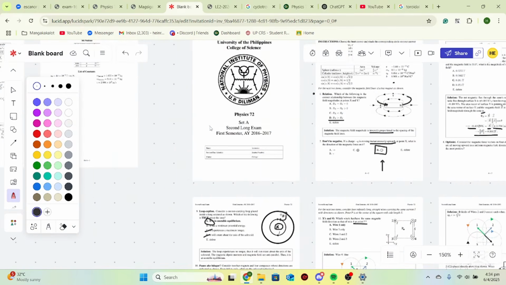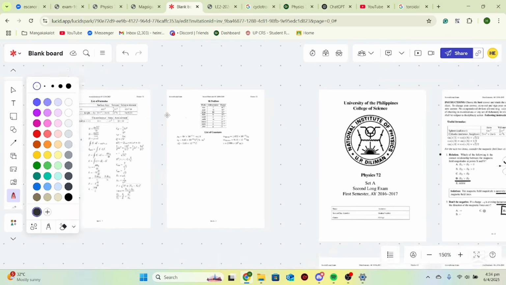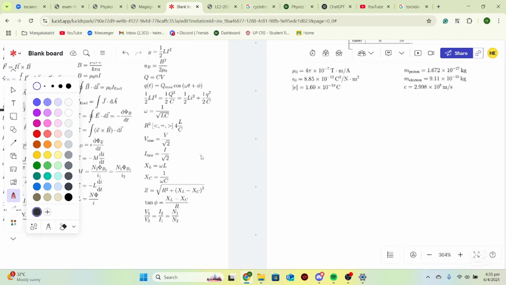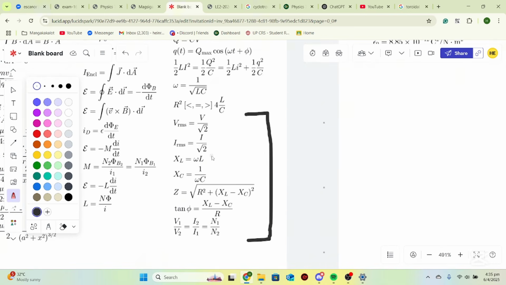That is the 2017 second long exam. Just as a reminder again, this is old, 8 years already. We haven't used these equations over here at all, and these will be part of the long exam.